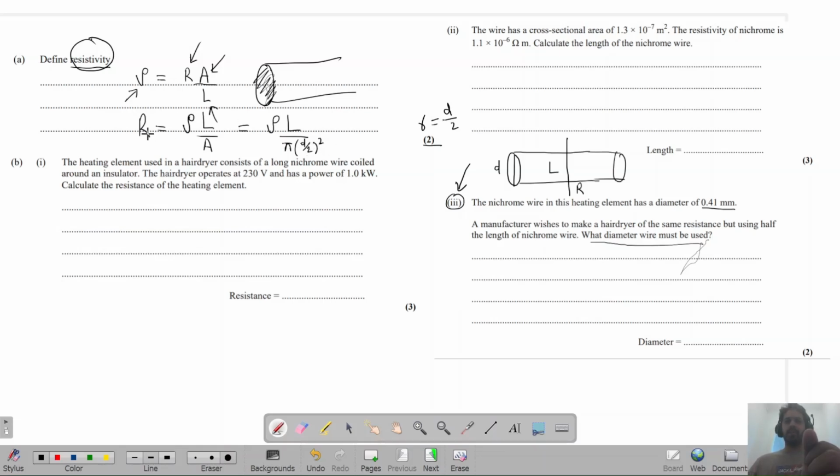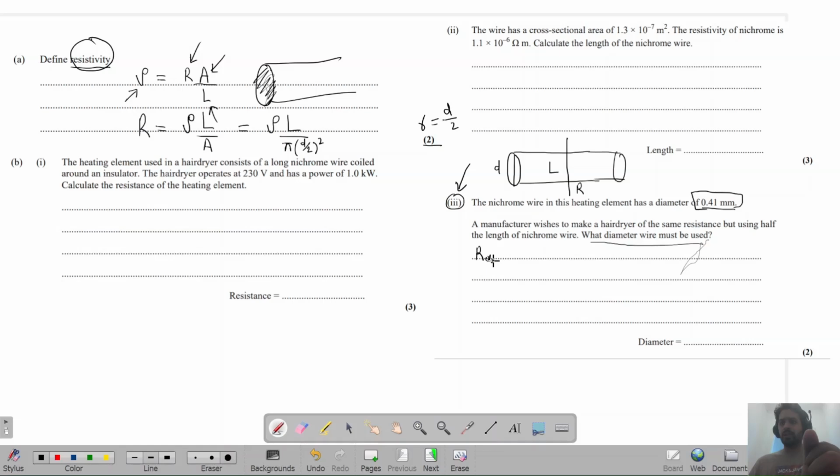So now I have an equation which relates resistance, length of the wire, and diameter, right? I can use this equation here. So let's start. Let's say when the diameter was 0.41, let's call it the old diameter. So for this diameter and for length L, let's say the resistance was also R old. So our equation will look like this.